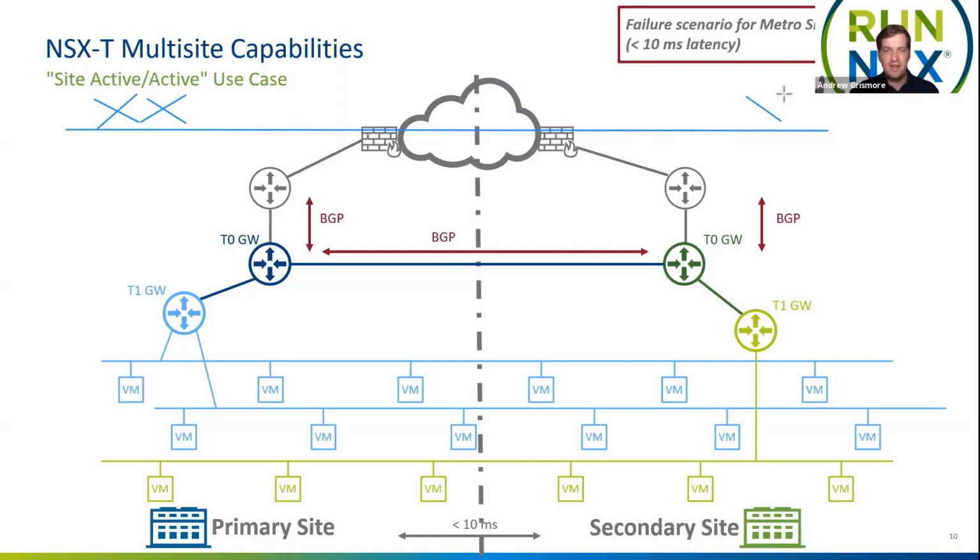The beautiful thing here is that you can replicate from one side to the other, and you can take advantage of those active, passive on each side setups that allow you to really get the most out of the resources that you have available.